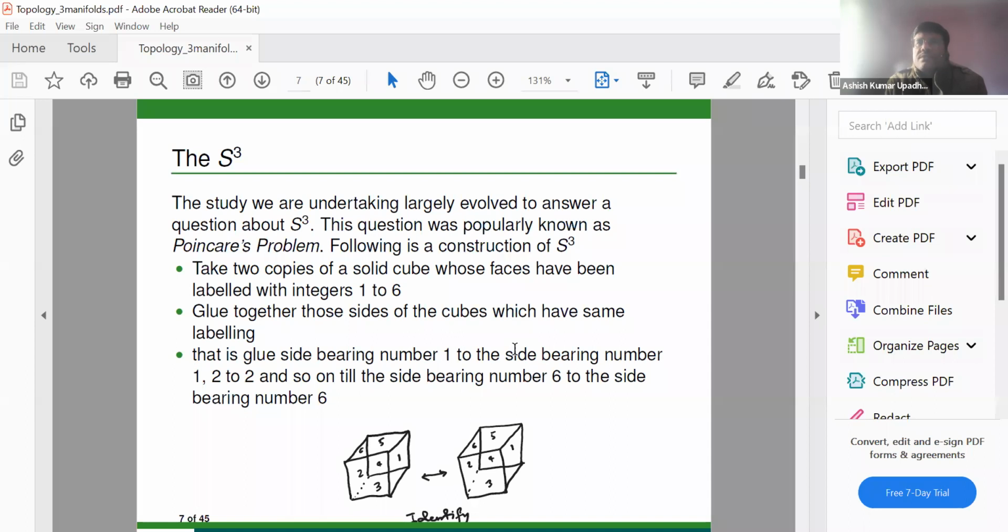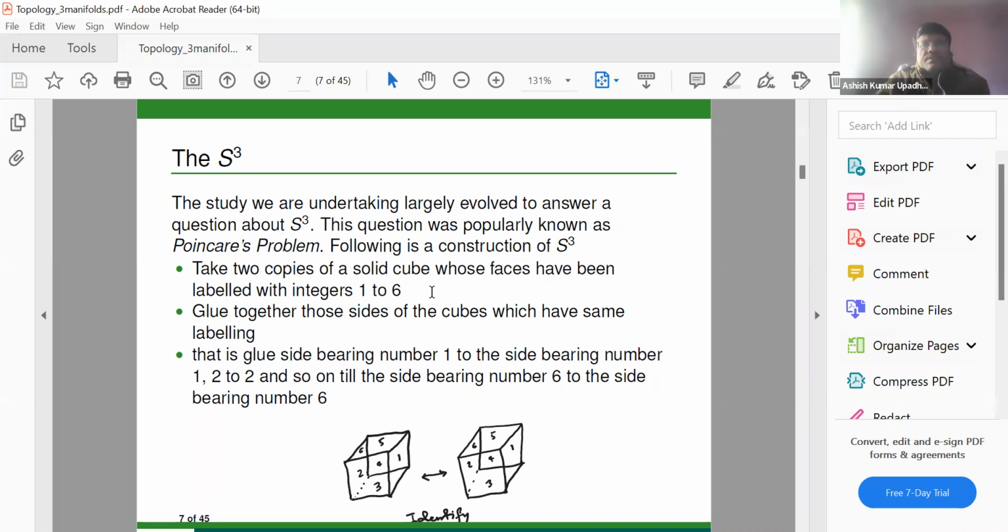In two dimensions, identifying the boundaries of two two-dimensional discs gives a sphere. The same idea carries over to S3. Three-dimensional discs will be balls, and a solid cube is topologically a ball. And what we are doing by the process I have indicated here is identifying the boundary. Are you getting my point?